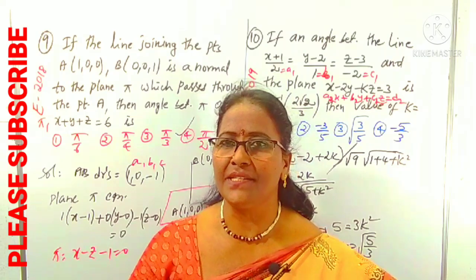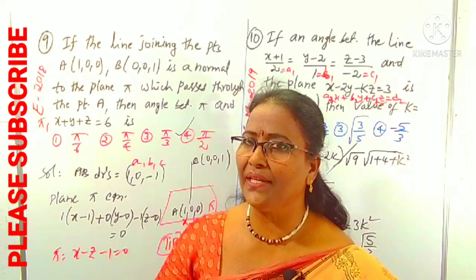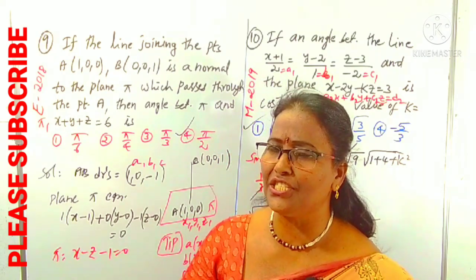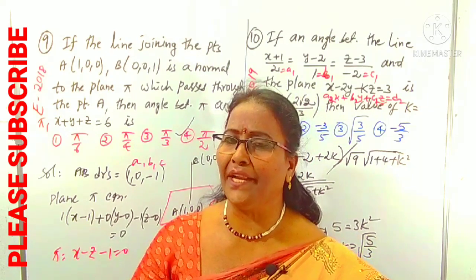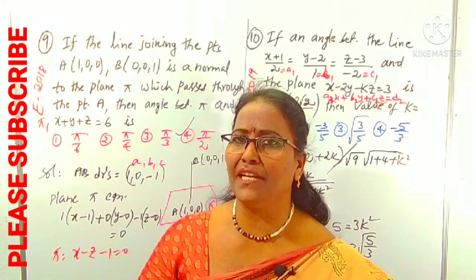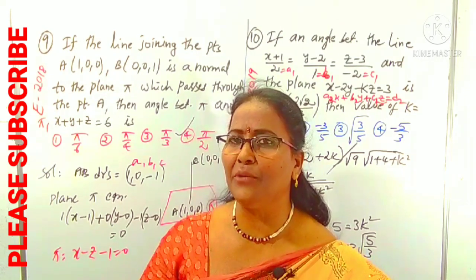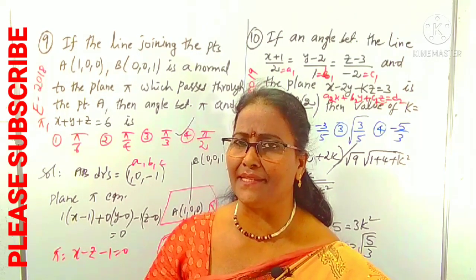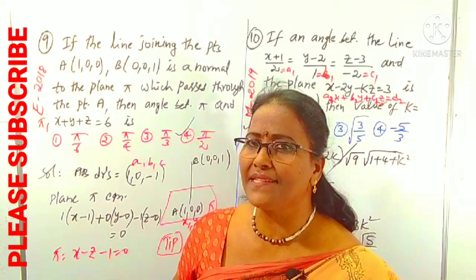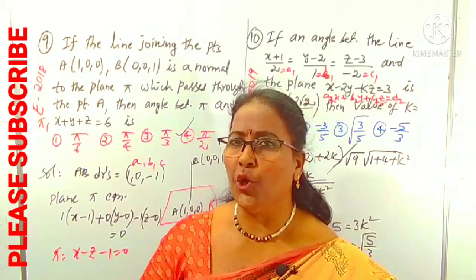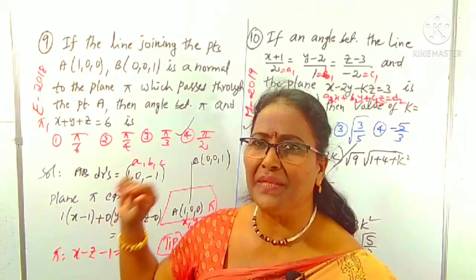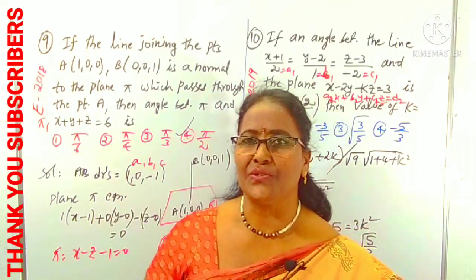Okay, this is about planes, part 2. What I discussed in today's session is how you can find out the ratio in which a plane divides a line joining two points, and what the various conditions are for the angle between planes, lines, etc. I hope you followed this very well. Please do the practice, then only you can understand.